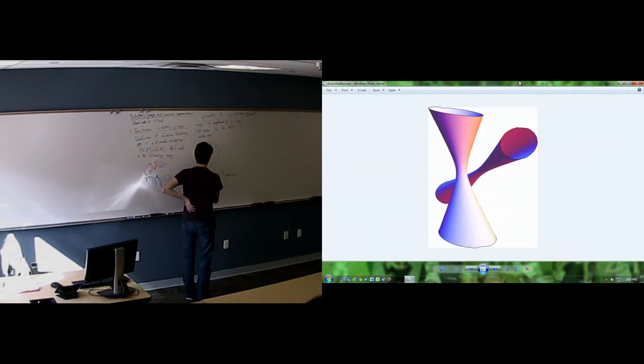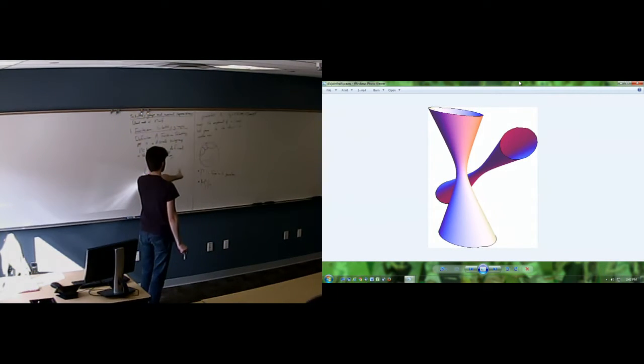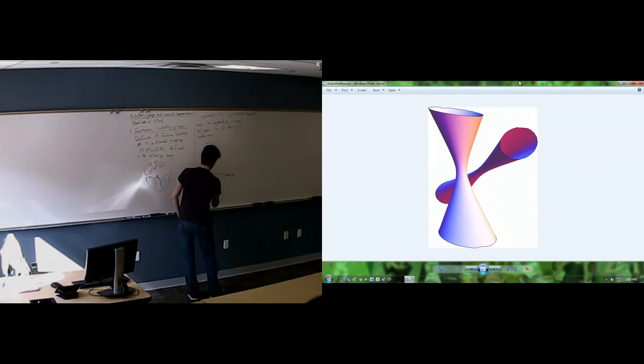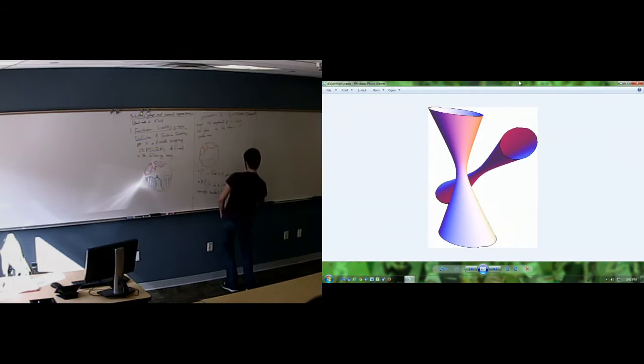And then also, you can take the quotient of the hyperbolic plane by this subgroup, because it's discrete, free, very nice, and the quotient is a surface with non-empty boundary, and it inherits a hyperbolic metric.